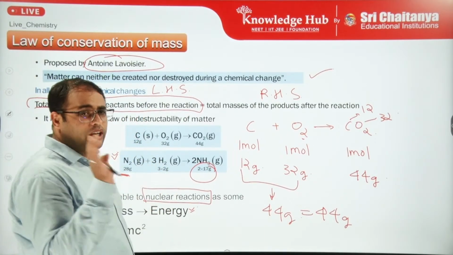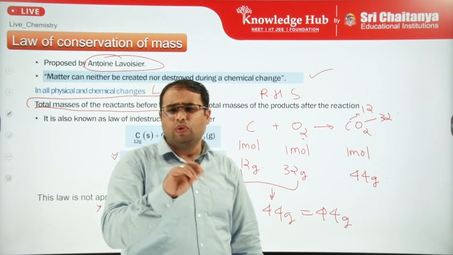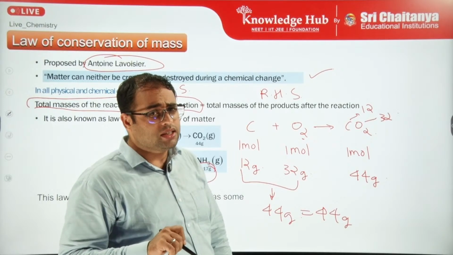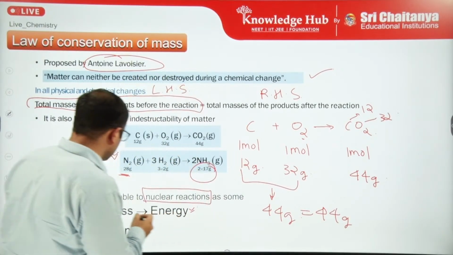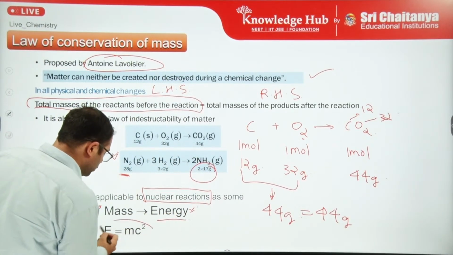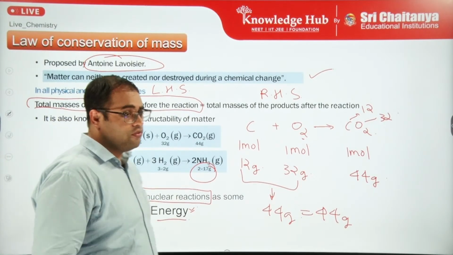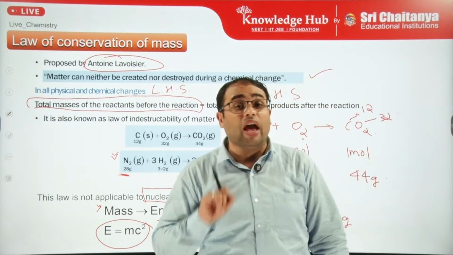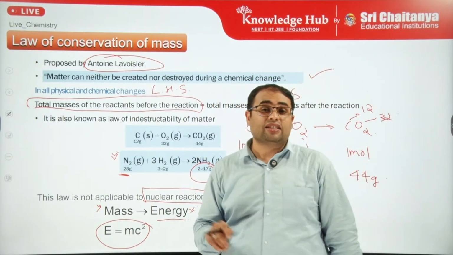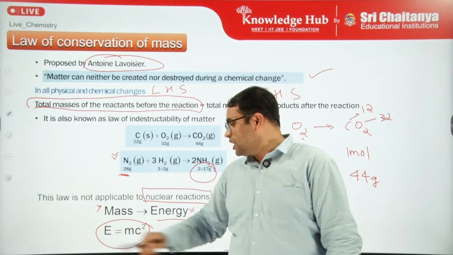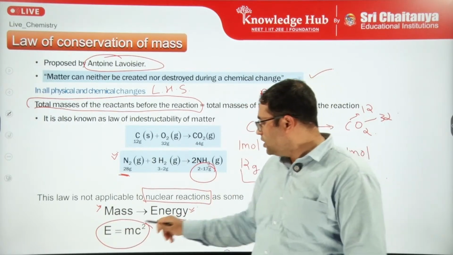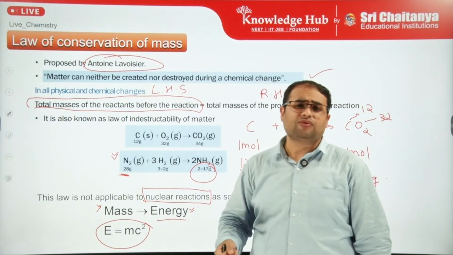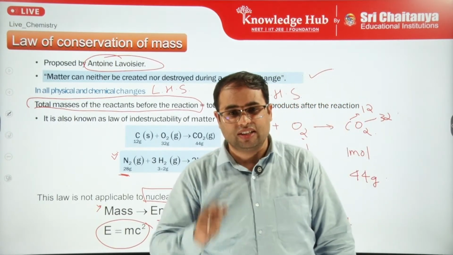So 14 minus 10 comes out to be 4 grams. This 4 grams of mass, there is a possibility, has converted into energy according to this famous equation, E equals mc squared, Einstein's equation, where E is the energy produced when this mass is converted into energy, and of course c is the velocity of light.